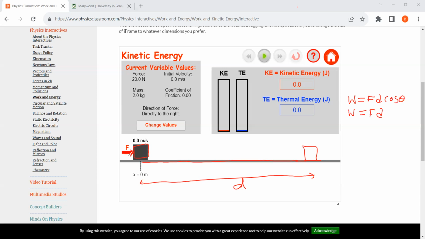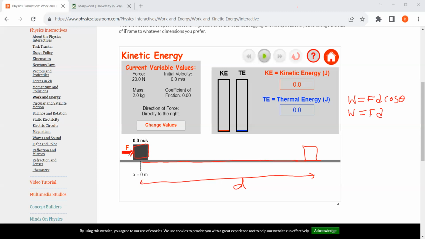When we apply some force and there is some displacement, that means we are doing some work on this object, right? That we already learned in the first slide. Now I'm going to show that by doing this, the kinetic energy of the object will also be changing.